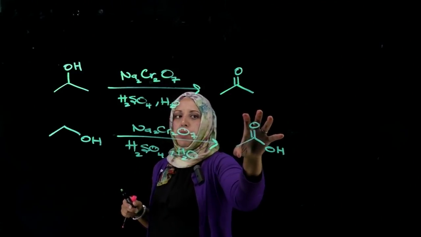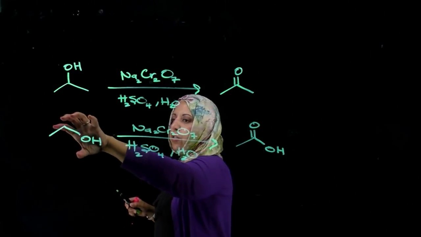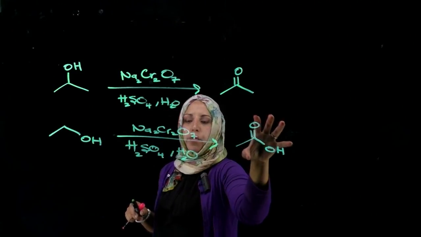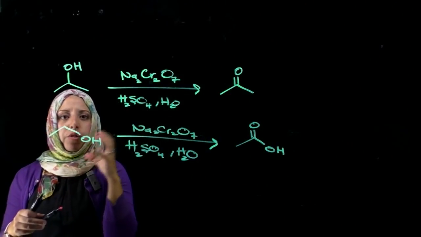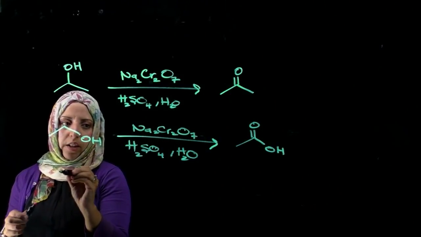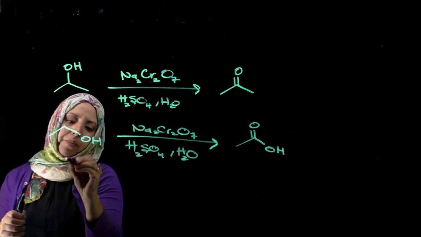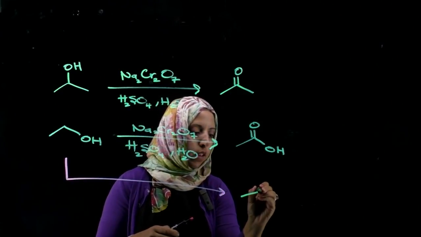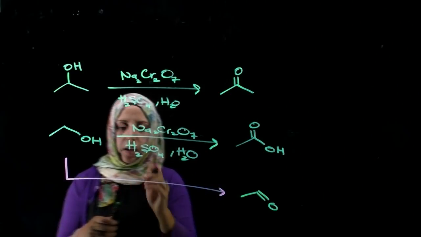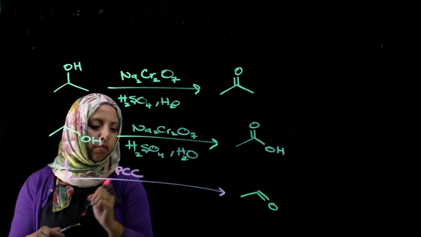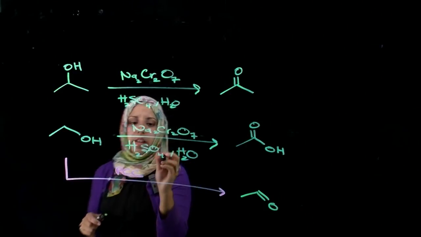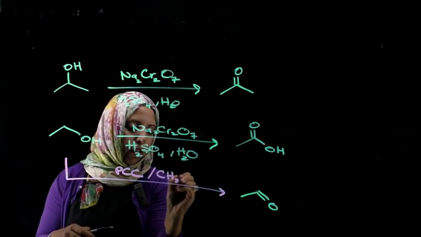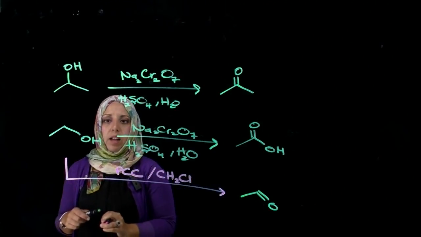What if you wanted to trap it right at the aldehyde? You start off from a primary alcohol and you want to stop at the aldehyde rather than forming a carboxylic acid group. Then we could use a less reactive reagent, right? So if we have a primary alcohol and instead we use PCC, which is typically carried out in dichloromethane, then it traps it right at the aldehyde.